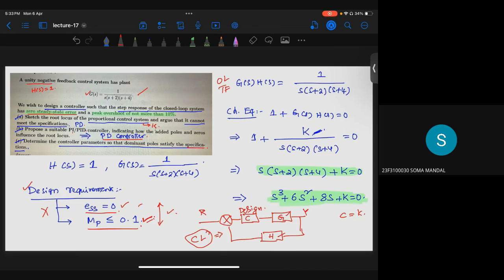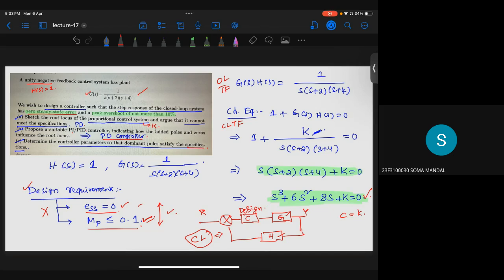The characteristic equation of the closed loop transfer function will be 1 plus G(S)H(S), which we know already. Once you take that, this is your equation. If you vary K from 0 to infinity in this equation, you will get the poles movement.